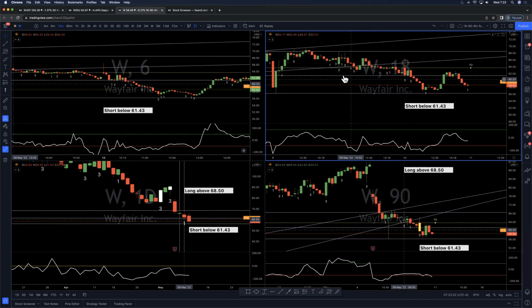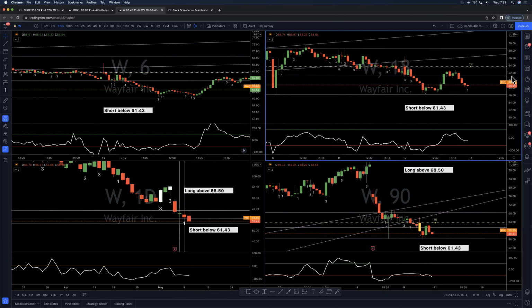If you can recall, I draw broadening formations from the high and the low. This got kind of messed up because I must have moved it. But from the high of the day and the low of the day, and then where I have an outside bar intraday, because what I'm looking for is when you have a big range on a stock, and most guys do not trade this, they just generally draw the megaphone from the high of the day and the low of the day.